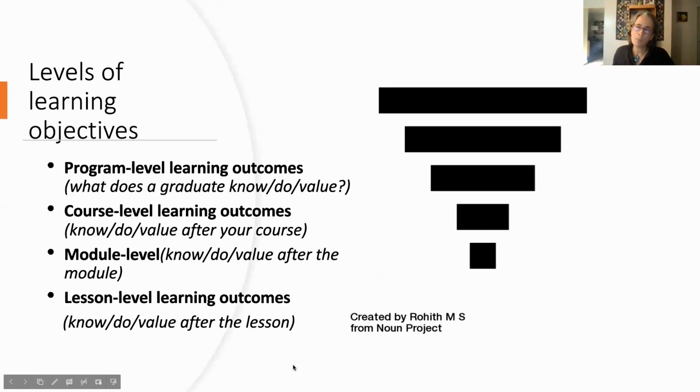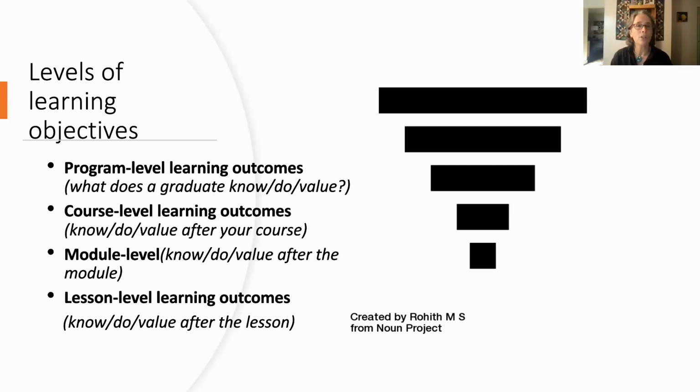So as Amber said, there are different levels of learning objectives. And so there is the program level. So what kind of person, what kind of student, how do we want someone to be prepared when they graduate from the program?